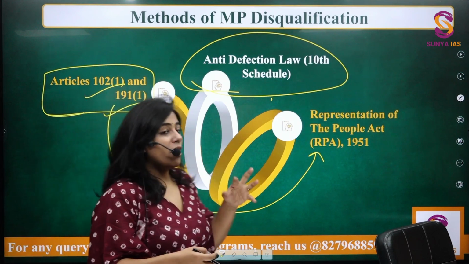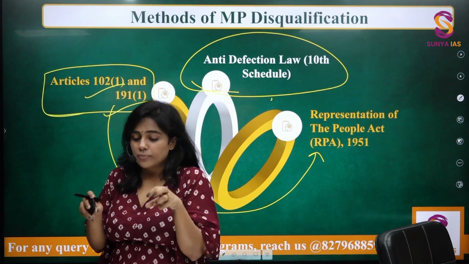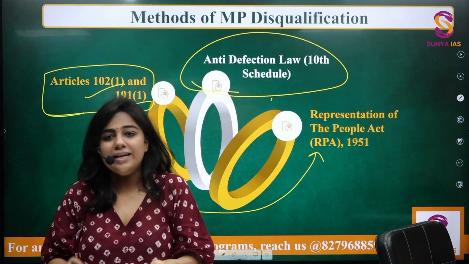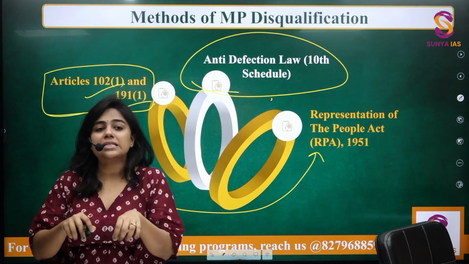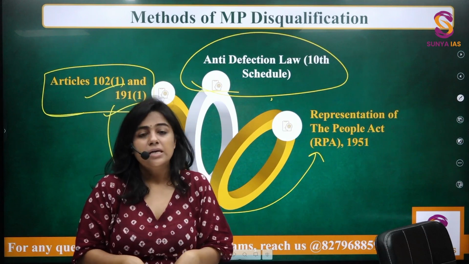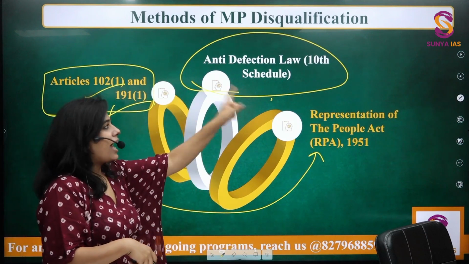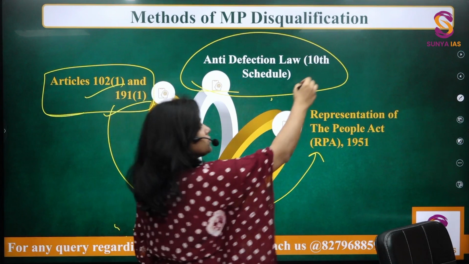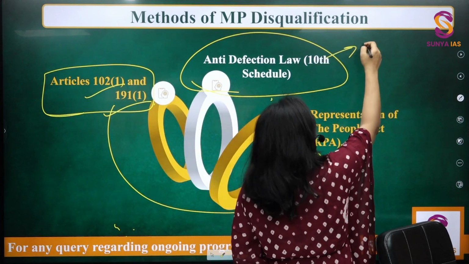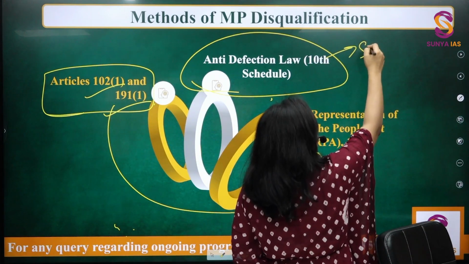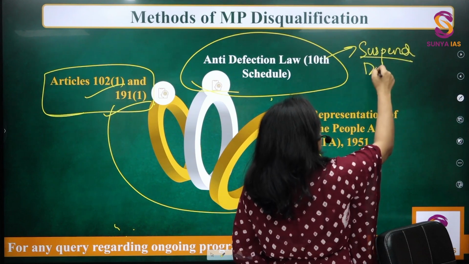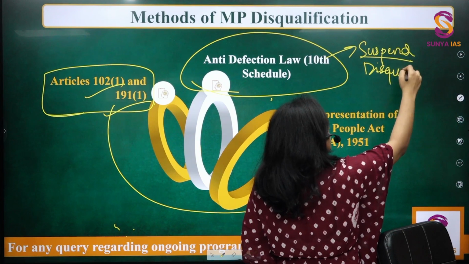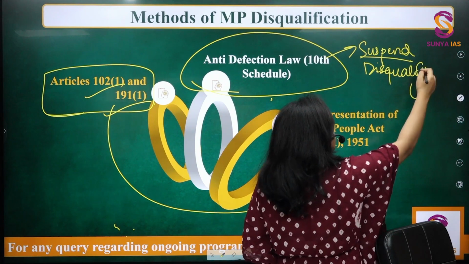So you have to understand, whenever you study a topic, you need to understand where that topic lies in the macro scheme of things. In the macro scheme of things, anti-defection law is one of the ways to suspend and to disqualify a legislator.